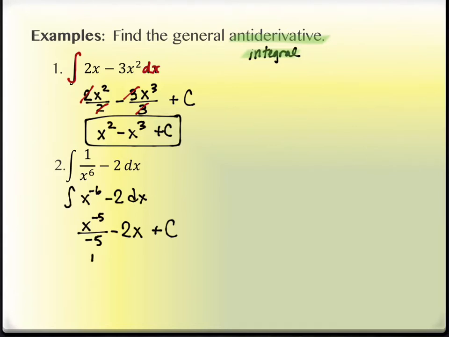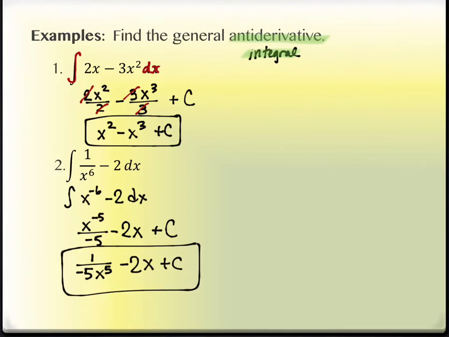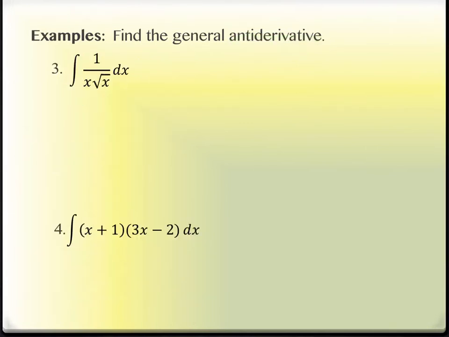So I've got 1 on top now. The negative 5 is still in the denominator, and now I have an x to the 5 in the denominator as well. And the other pieces all remain the same. Is that okay? Okay.